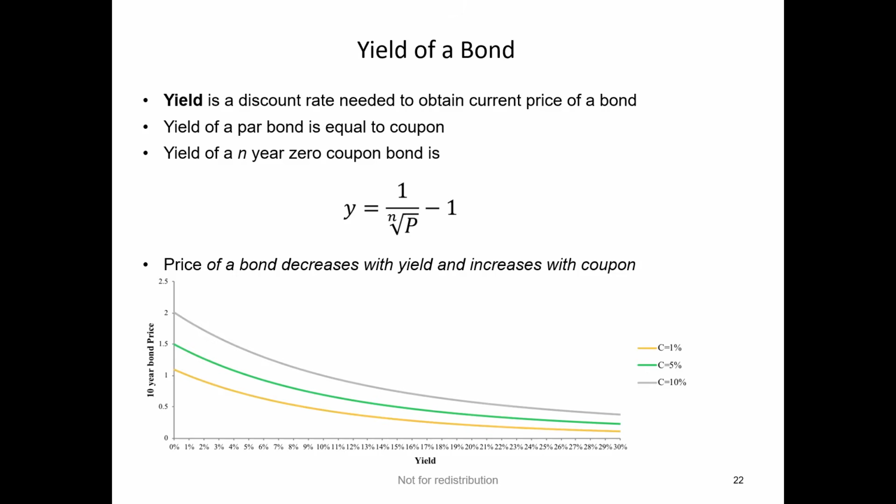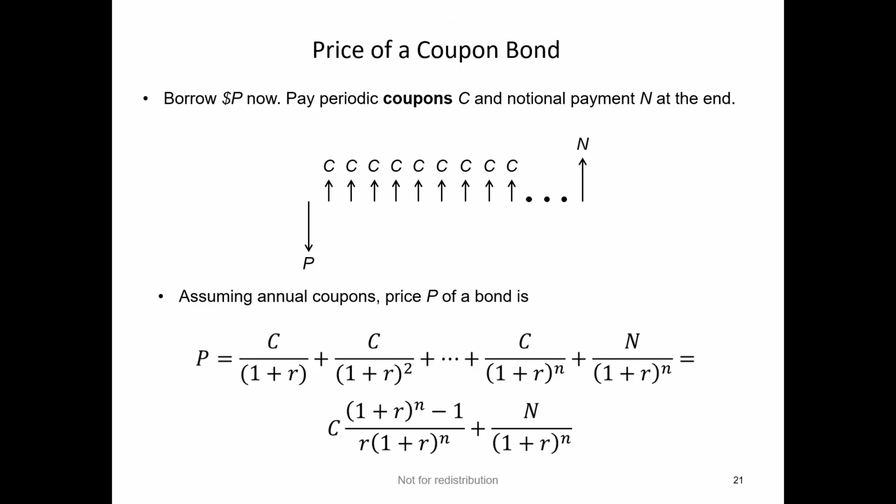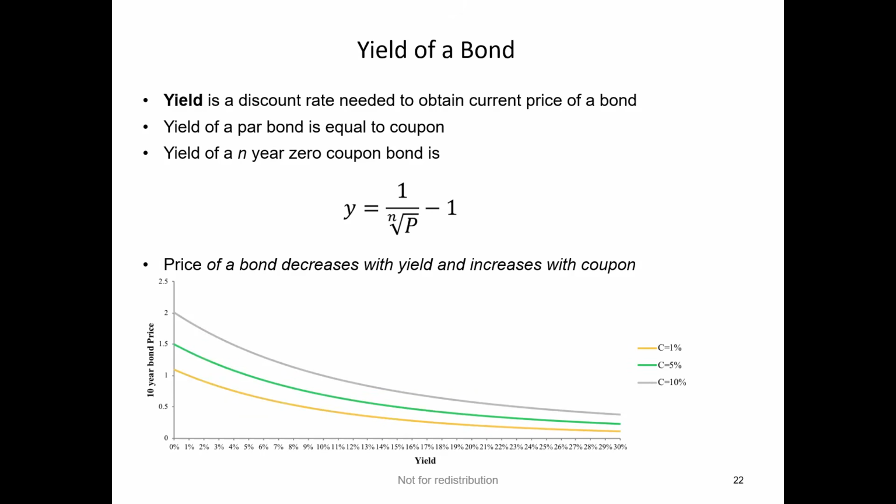For coupon bonds, yield computation is more complex because inverting this formula is more involved. In fact, it has to be numerical, right? But that's how yields are computed. Here, I give you an example of a few price-yield relationships for a 10-year bond with different coupons.